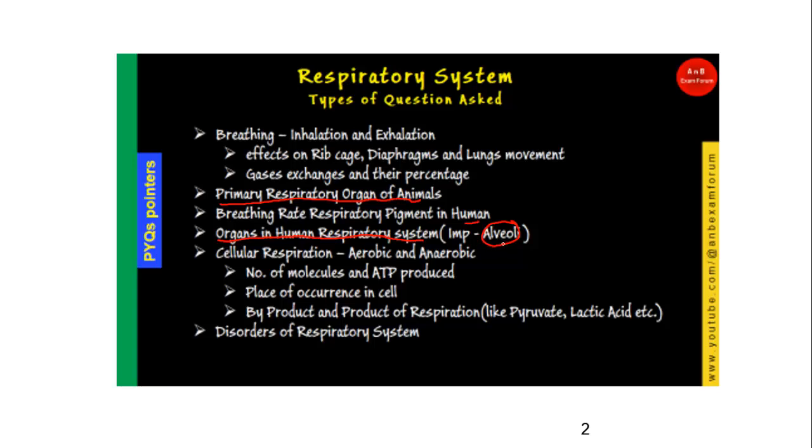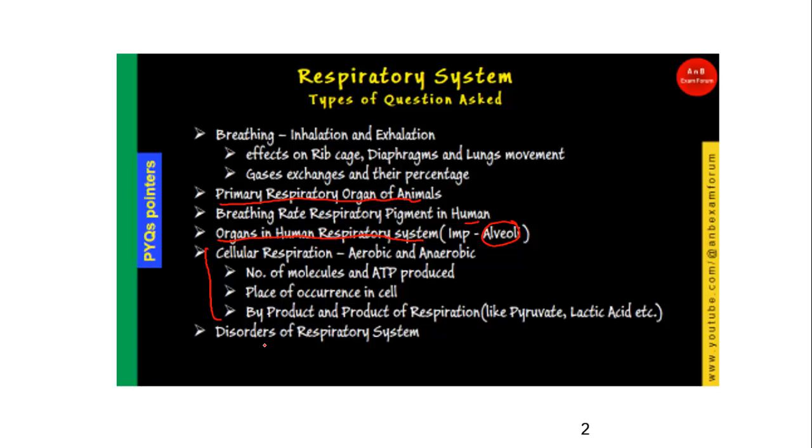And the second most important topic is cellular respiration, more specifically the difference between aerobic and anaerobic respiration. In this you should know the number of molecules and the ATP produced, and also the byproduct and the final product of the respiration like pyruvate, lactic acid, etc. And sometimes he can also ask you about disorders related to the respiratory system.